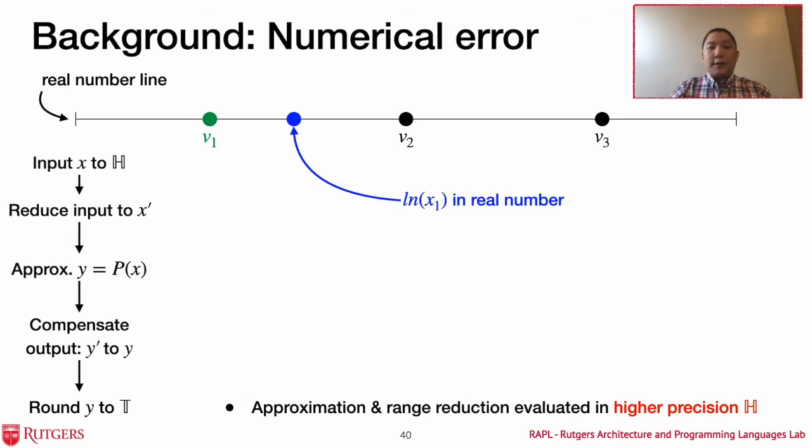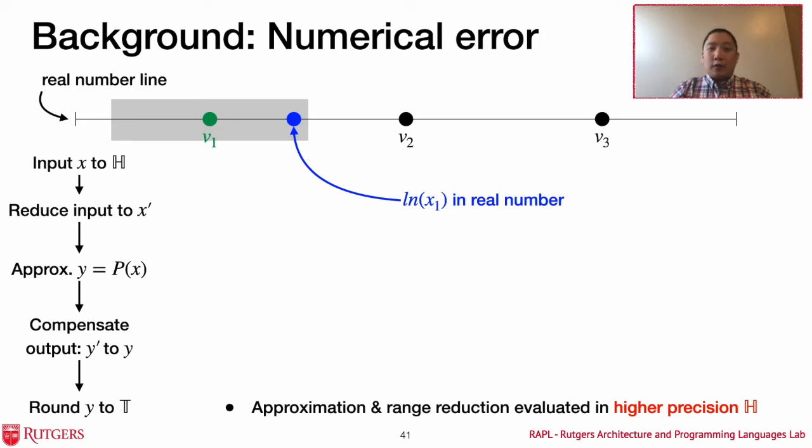For example, let's go back to our real number line. The blue circle, which is the real result of natural log of x1, is located relatively close to the midpoint between v1 and v2, the two closest representable values in our number representation. Since v1 is the correctly rounded result, our approximation function has to produce a value in this gray region in order for the result to round to v1.